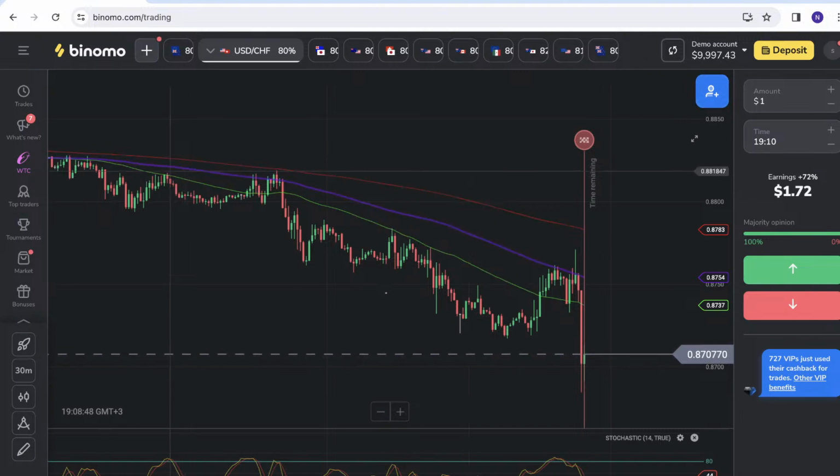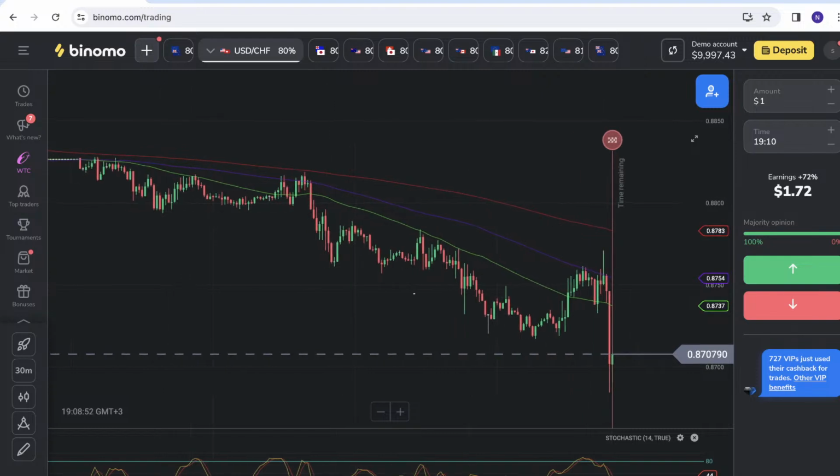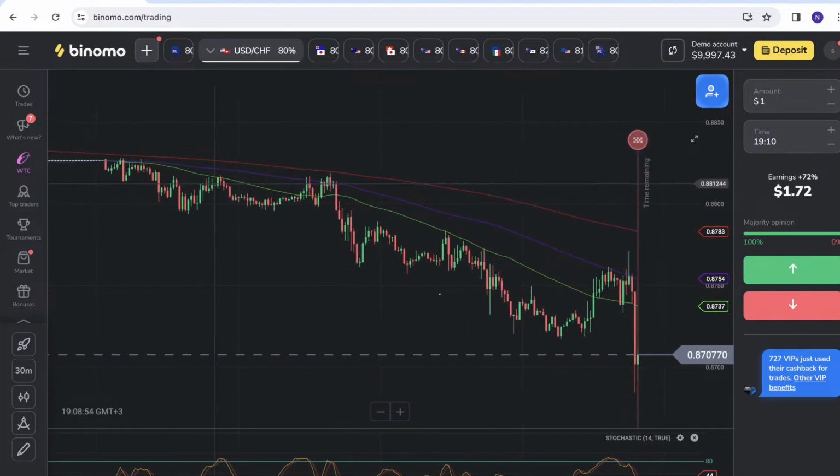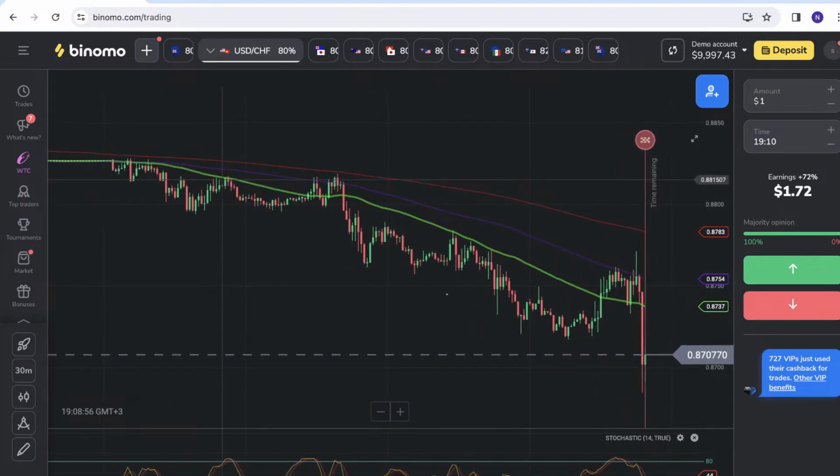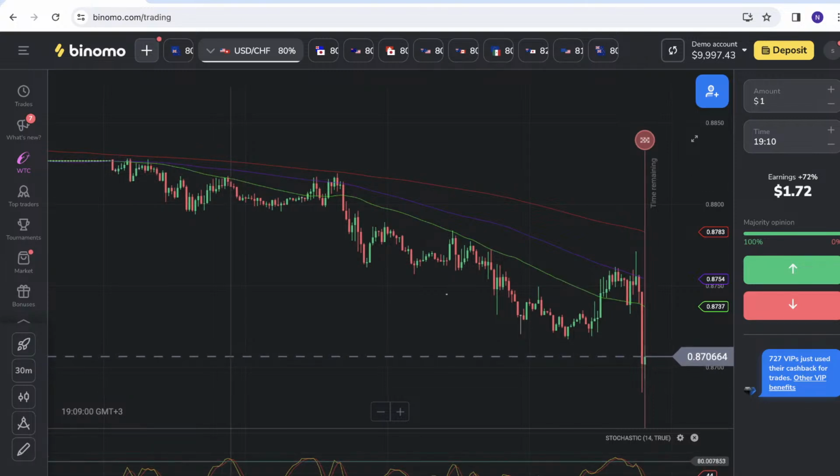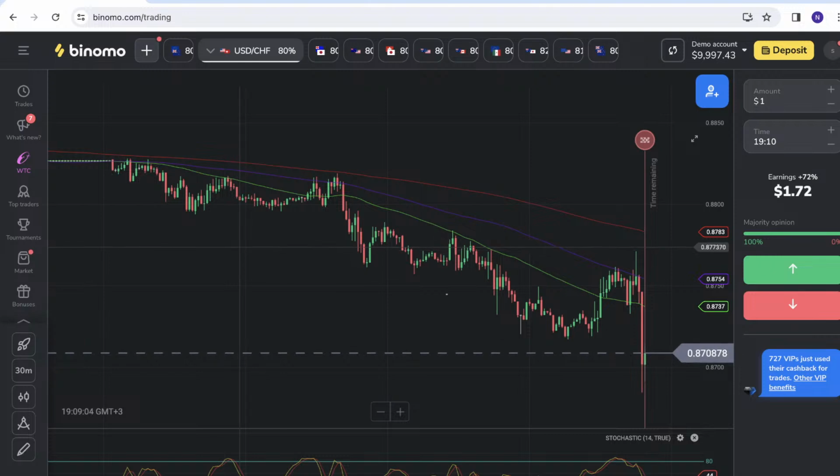For example, here I can see that price was testing the 50 period moving average. At the same time, I can see that stochastic also gives signals for down trades. But before these signals, let's talk about stochastic in detail.